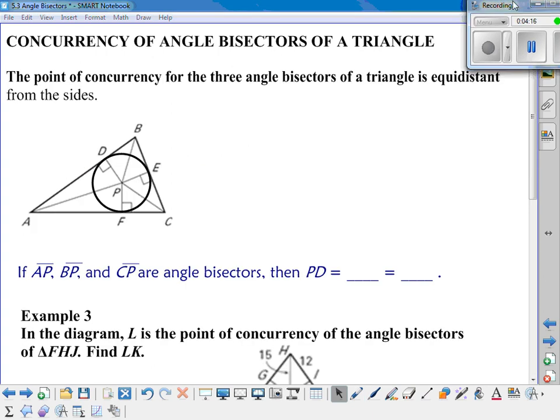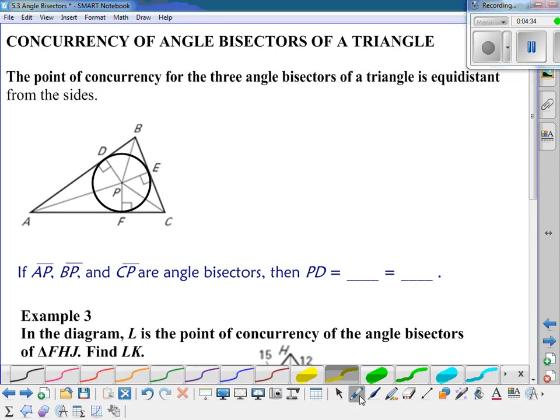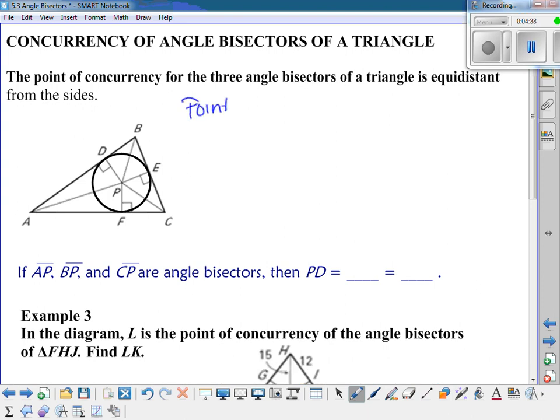So just as we had concurrency for perpendicular bisectors, it turns out that angle bisectors are also concurrent. The point of concurrency for 3 angle bisectors of a triangle is equidistant from the sides. So point P here in the center is called the incenter.